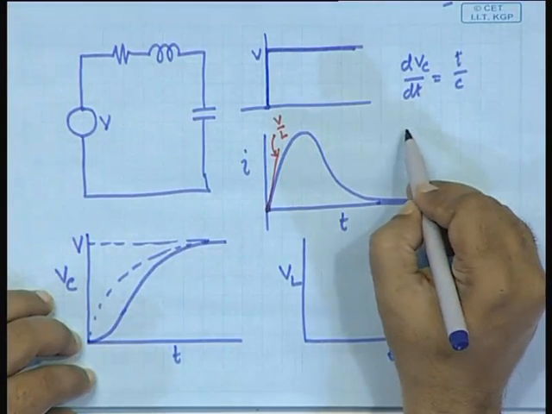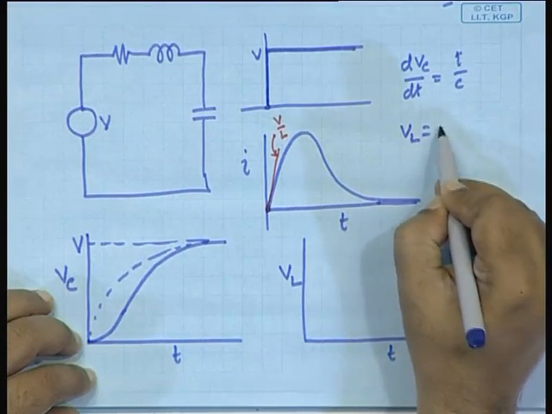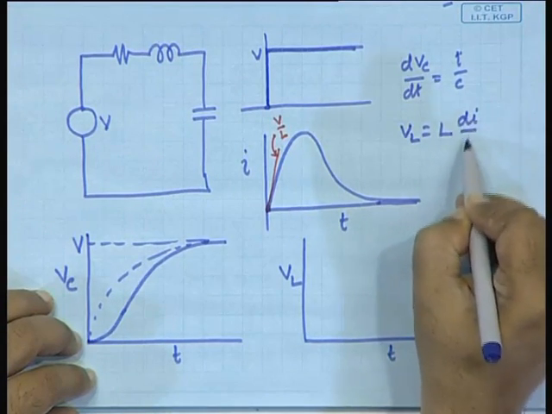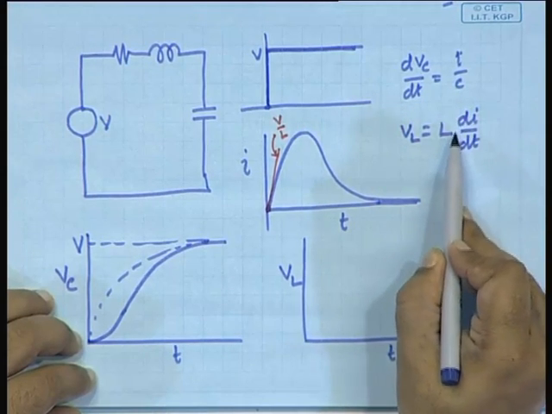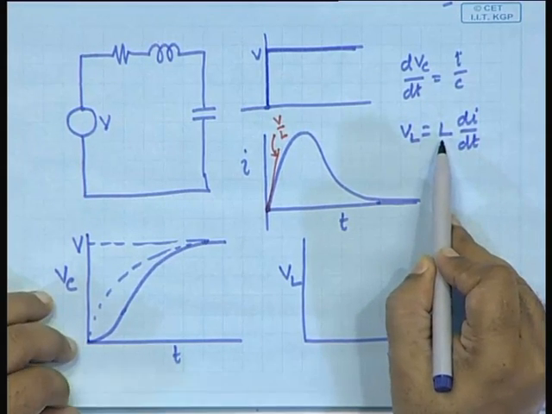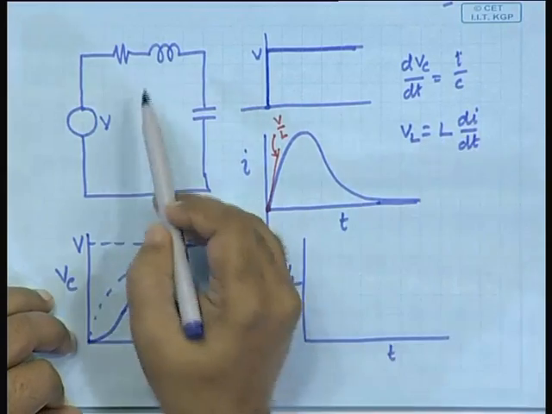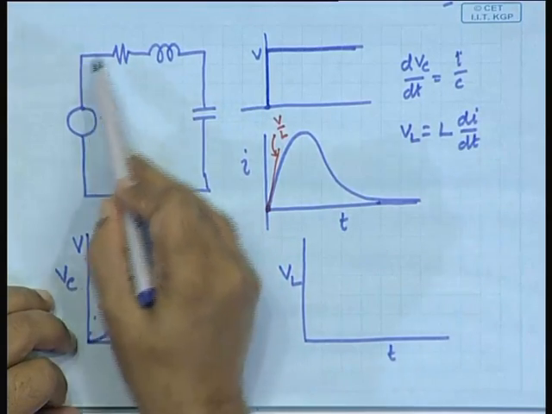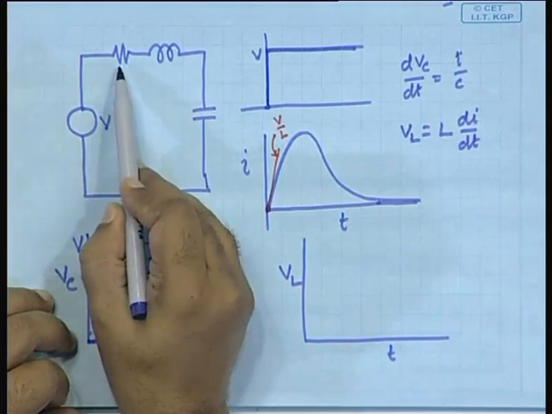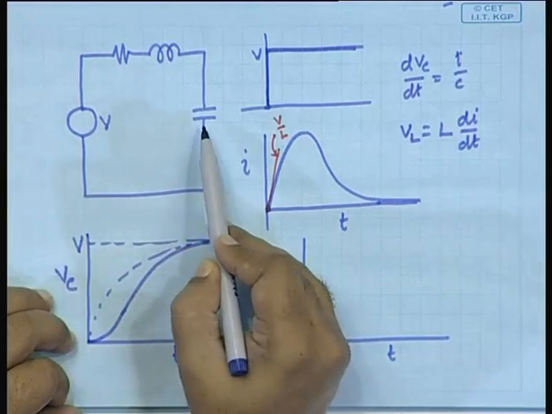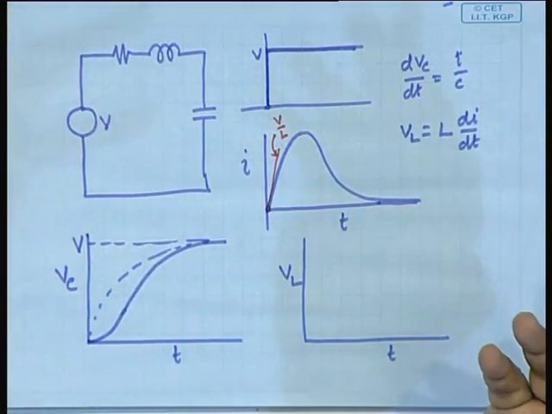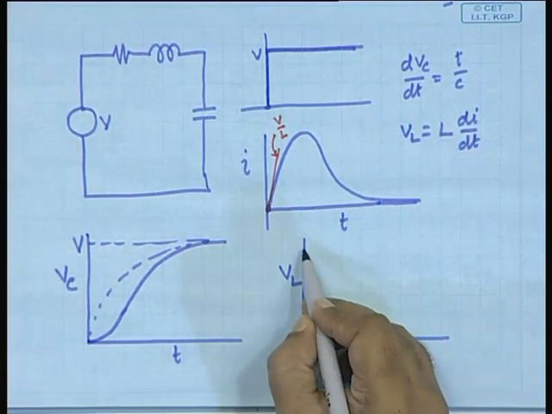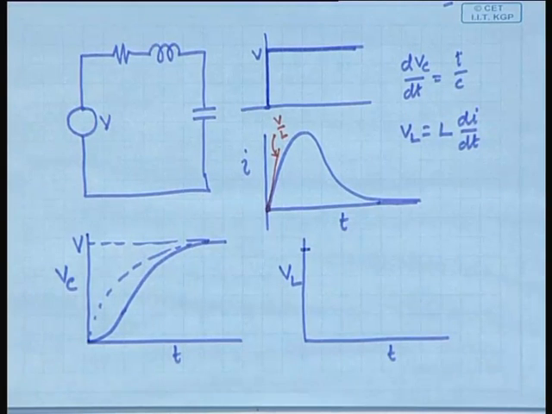So, always VL is equal to L di dt. Now, you see initially current is 0, therefore, the voltage across this is 0, voltage across this is 0, therefore, the whole voltage appears here. So, starting point has to be V. So, it starts from here.